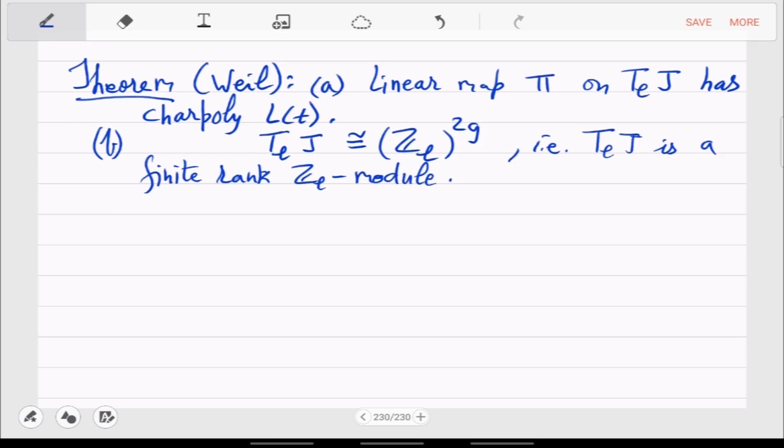So this basically follows from the first. The reason is that if the characteristic polynomial is LT, which is degree 2g, then from that you learn that Frobenius is acting on a 2g dimensional vector space. So that makes TL J essentially 2g dimensional.